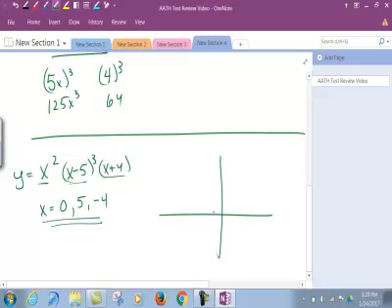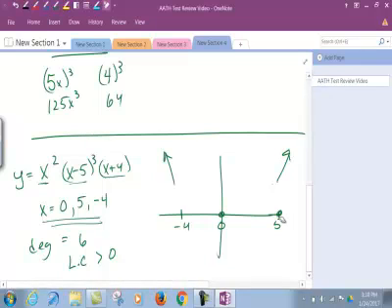So here's my 0, here's my negative 4, and here's my 5. Then I'm going to go back and look at the degree of the polynomial, and I can see that the degree is going to be 6. What that means is that the arms, the branches, as they head off the page, are going to go the same direction. Because the leading coefficient is greater than 0, we know that we're going to have a graph that both parts go off the page going up.